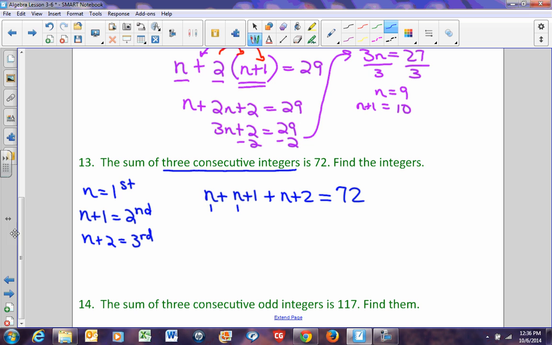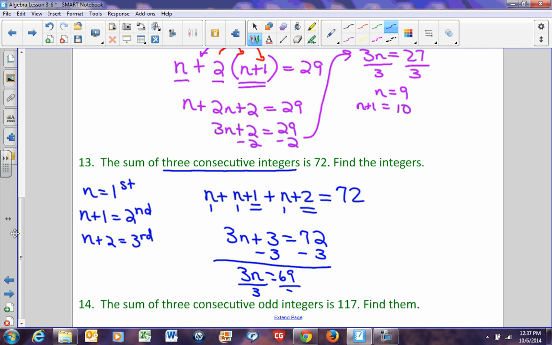n plus n plus n is 3n. 1 and 2 is 3. So 3n plus 3 equals 72. Subtract 3 from both sides. 3n equals 69. Divide by 3. n equals 23.